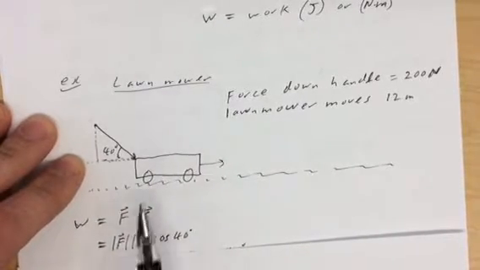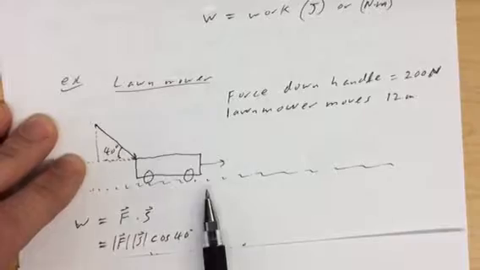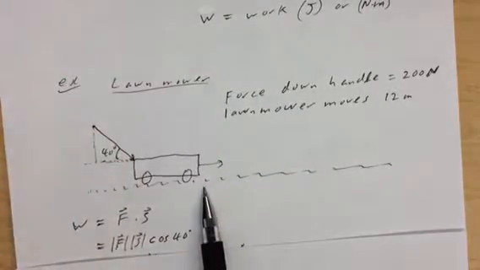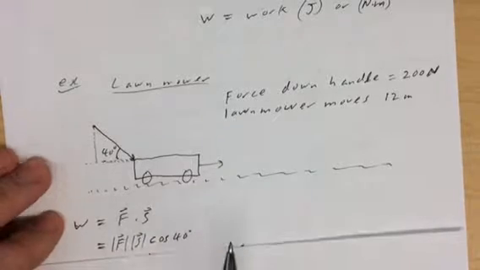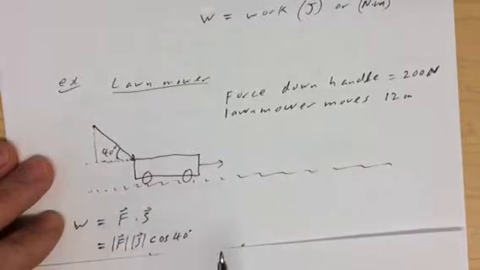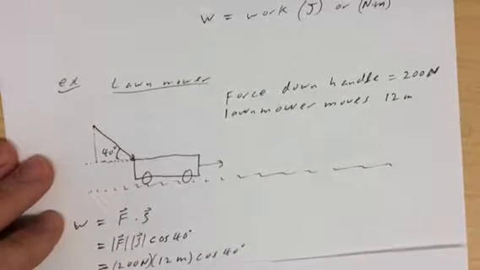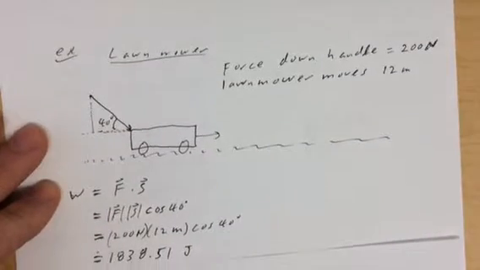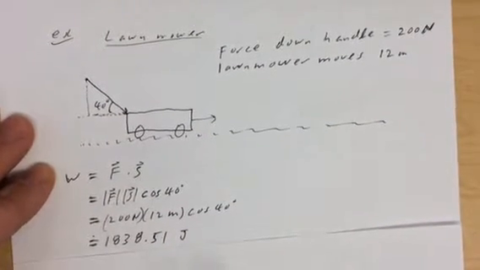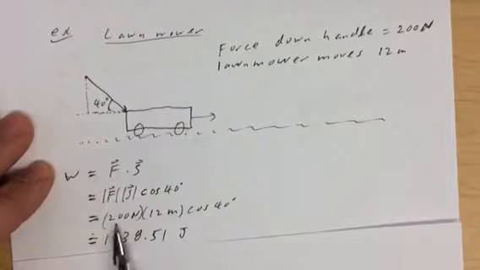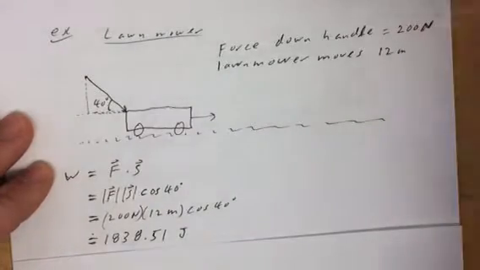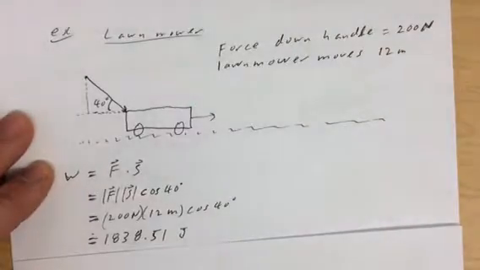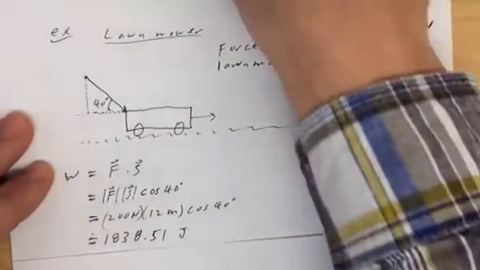We're reducing this down to a one-dimensional problem, as if somebody was pushing the lawnmower directly in the direction that it's going. The work achieved is 1,838.51 joules when you multiply this all out. So that's how that one works.